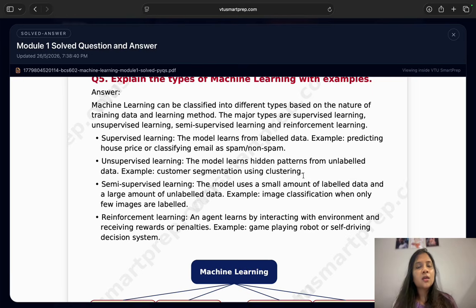Even if they give 2 hours for each unit, and refer to these notes or solve the question paper along with question and answers, they are definitely going to score. Out of 100, they can easily score 70 plus. This is just a minimum; they can also score above 80.